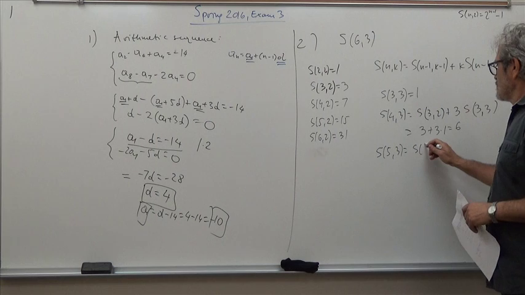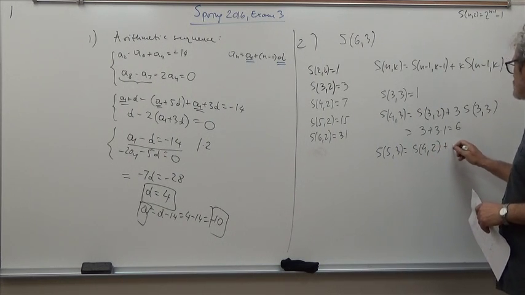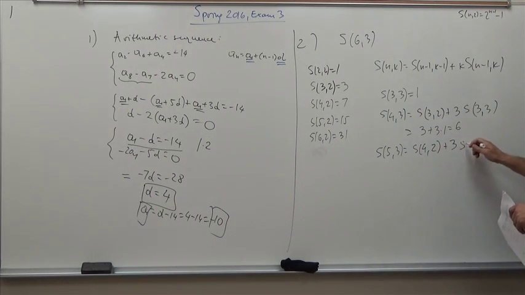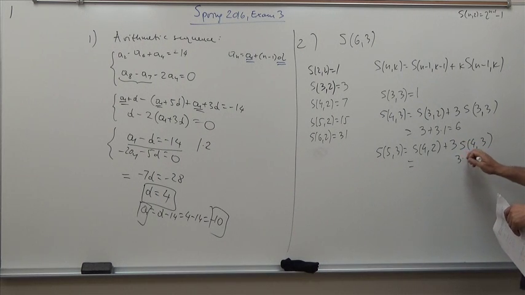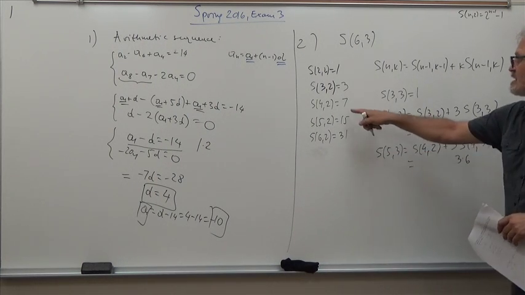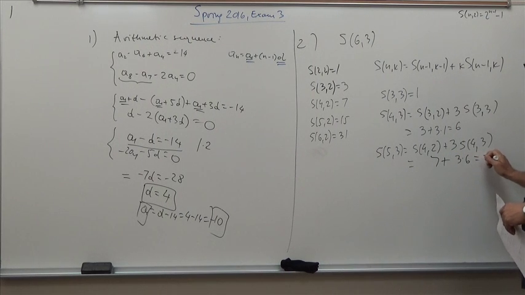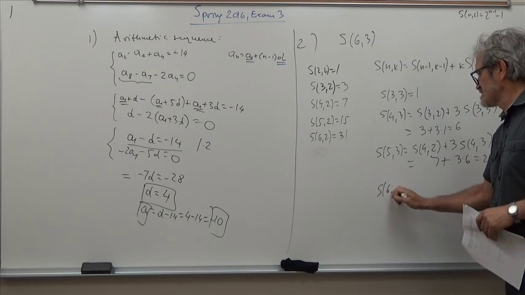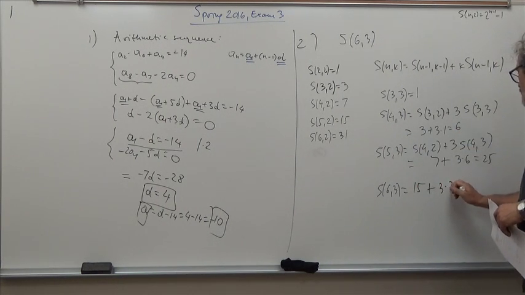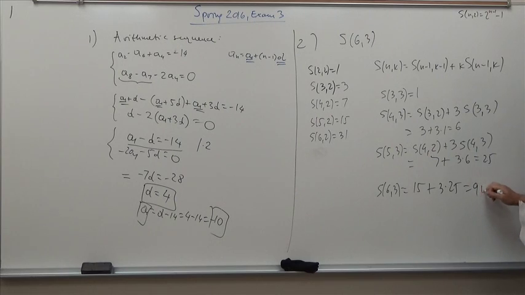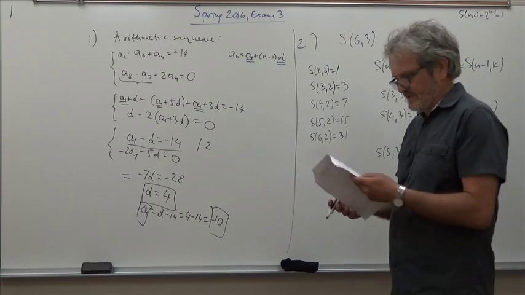S(5,3) is the same way: S(4,2) plus 3 times S(4,3), the previous one. So generally what we really do all the time, we multiply the previous one by 3 and add the appropriate level, which is 7. So we get 25. So S(6,3), without too much writing, we take the next one, which is 15, we triple the previous one, and we get 90, and that's the answer.